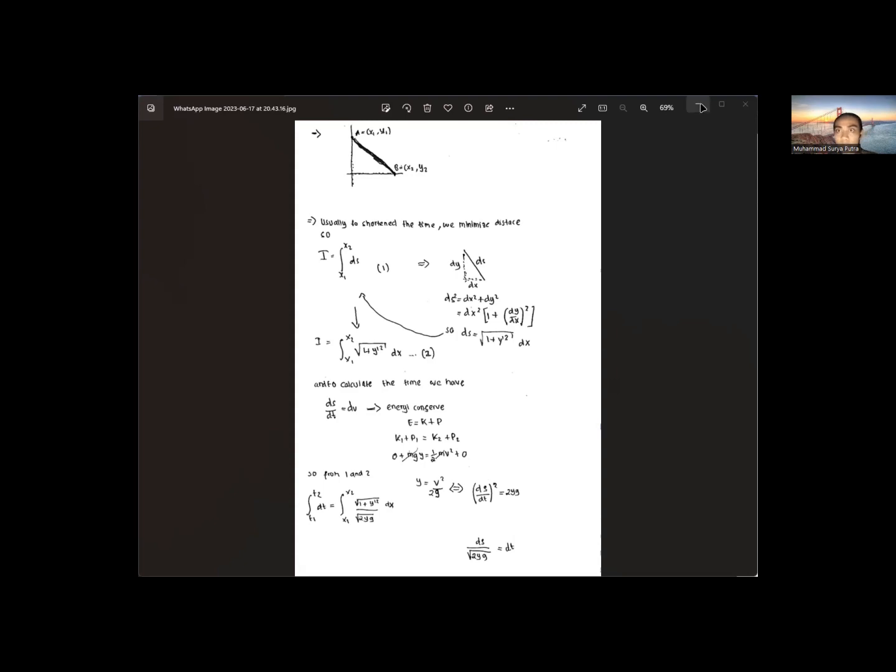So in this case, I want to show you guys the functions that I have.